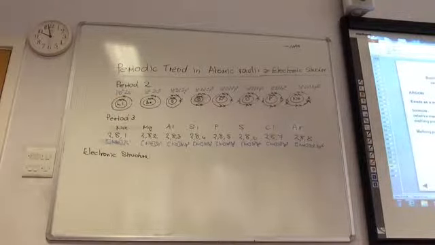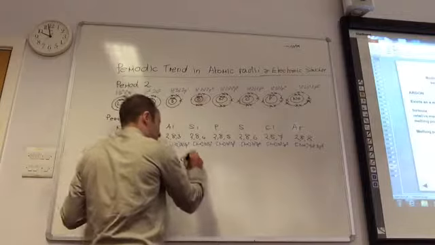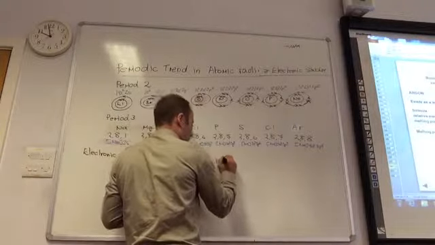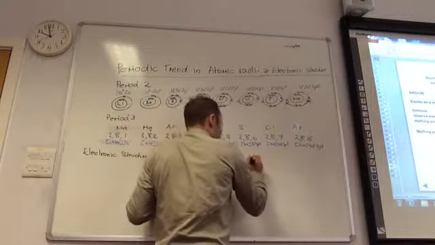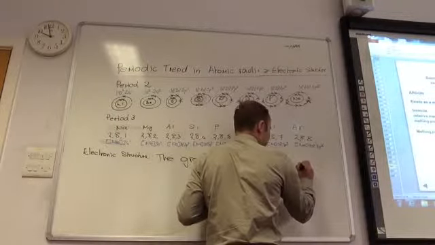So we can say for electronic structure, we know that the group number equals the number of electrons in the outer shell.